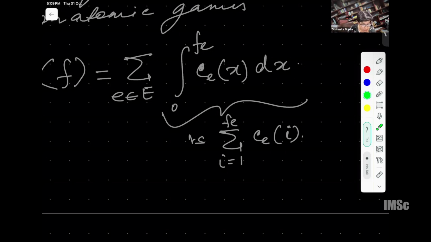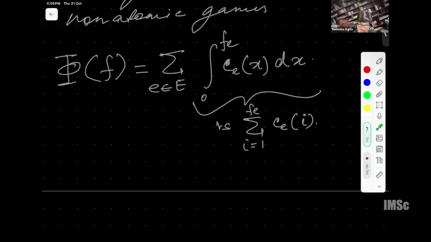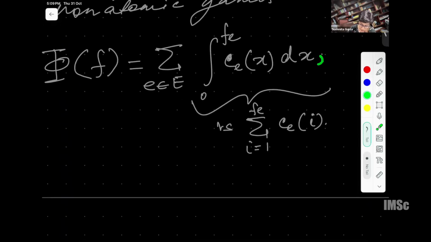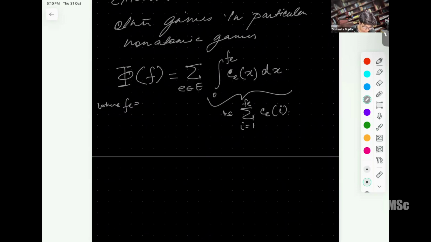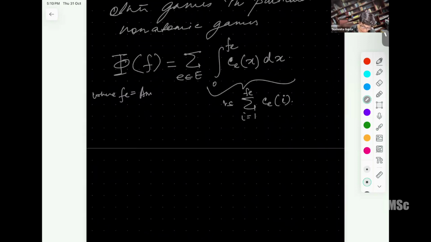Now I should write here, where f is the amount of traffic, correct? Not the number of players who are using.